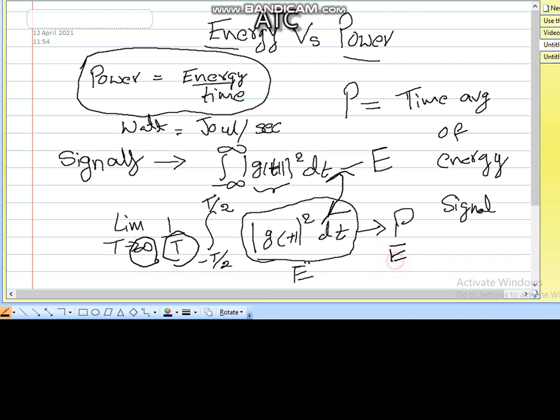Energy is finite, some E, and it is divided by the time average, which is infinite. So what's the power? Zero power, right? Likewise, if you have a power signal with infinite energy, that means it is not an energy signal at all.